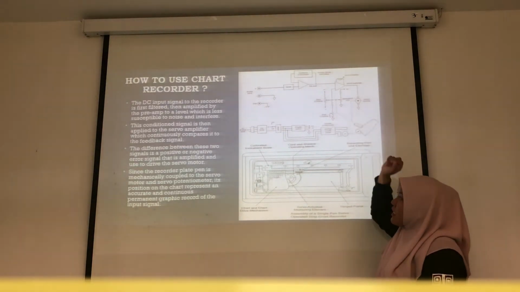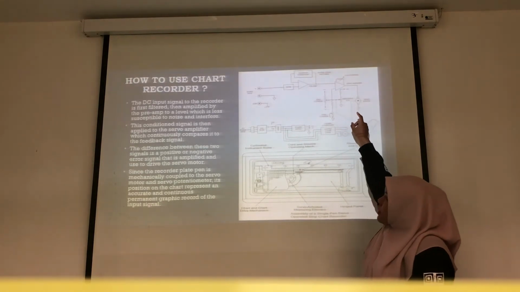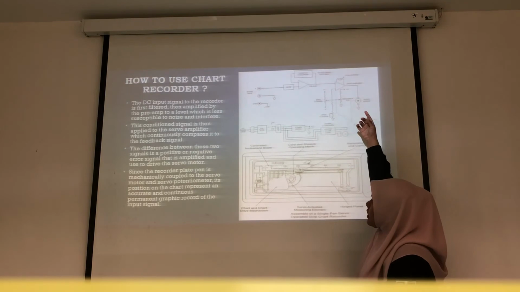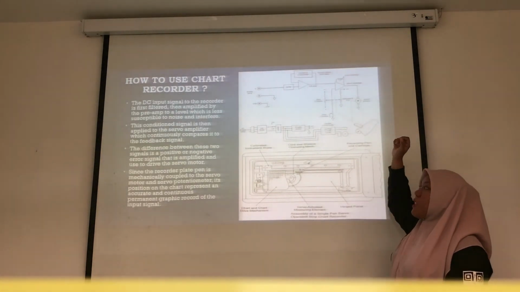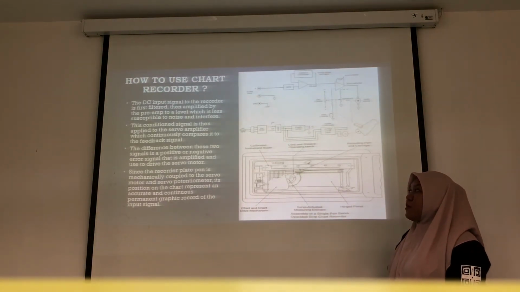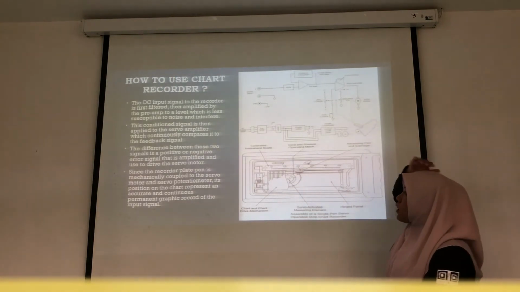This conditioned signal is then applied to the servo amplifier, which continuously compares it to the feedback signal. The difference between these two signals is a positive or negative error signal that is amplified and used to drive the servo motor. This one is the servo motor.